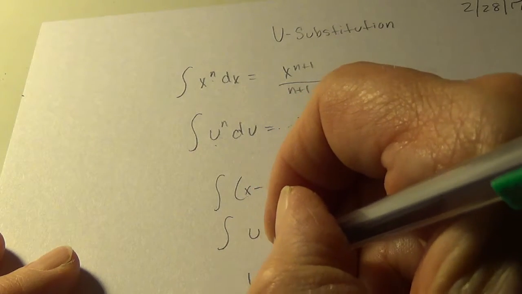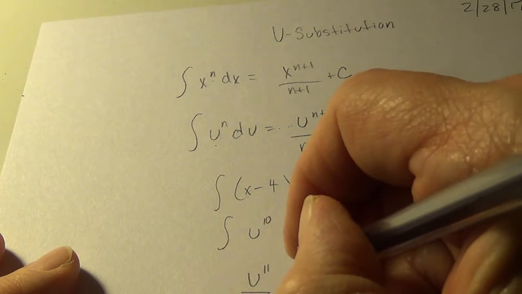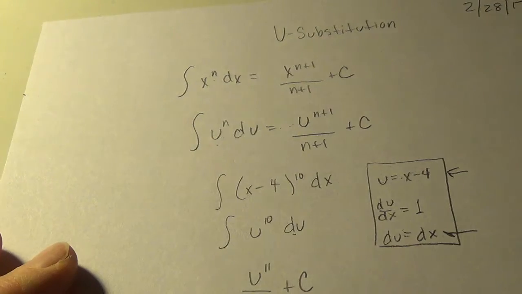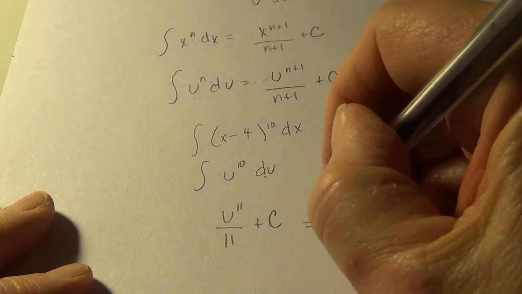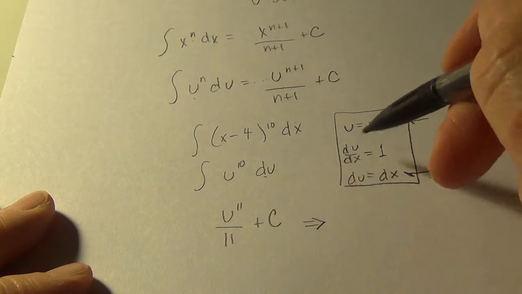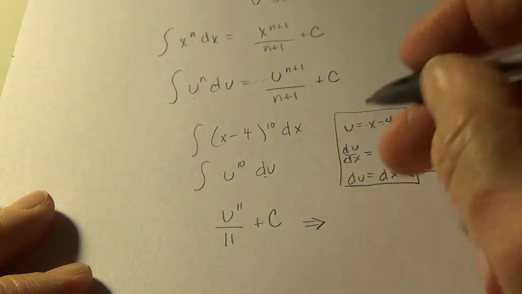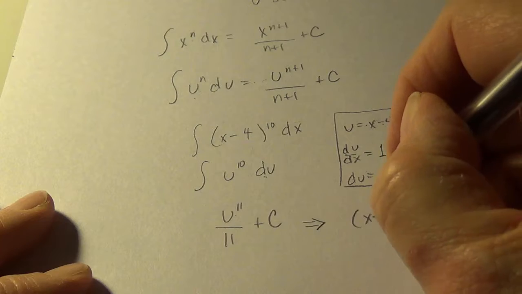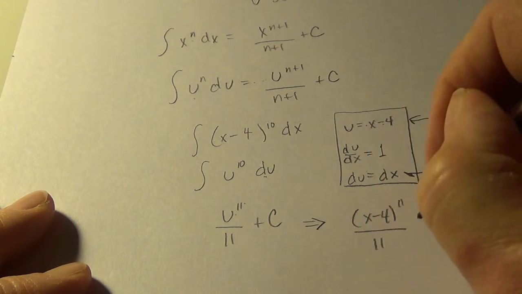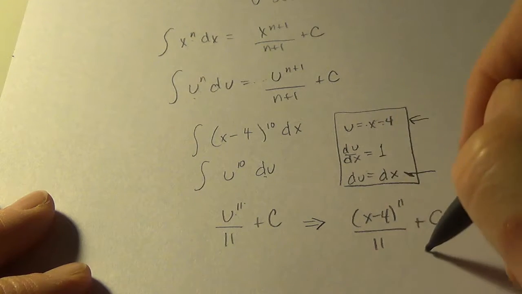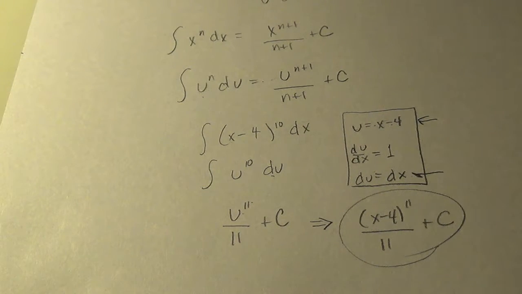So I get u to the 11 over 11 plus c. Now I don't want my answers to be in u, so I'm going to go back to x and substitute back. So u takes back the x minus 4, and now it's raised to the 11 over 11 plus c. And this is my answer.